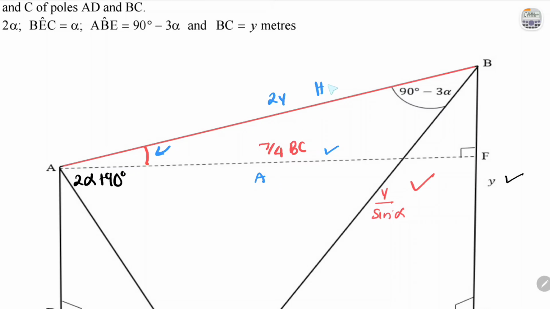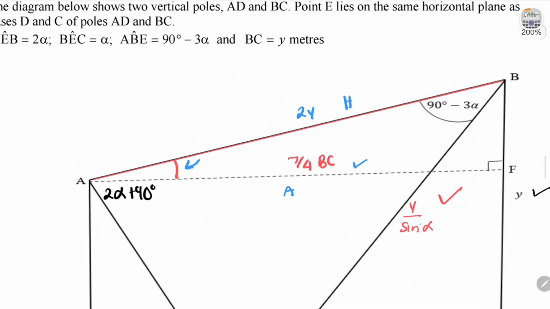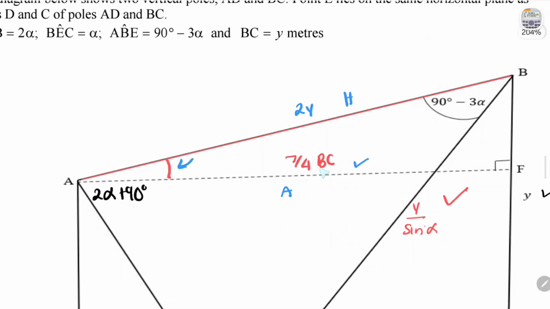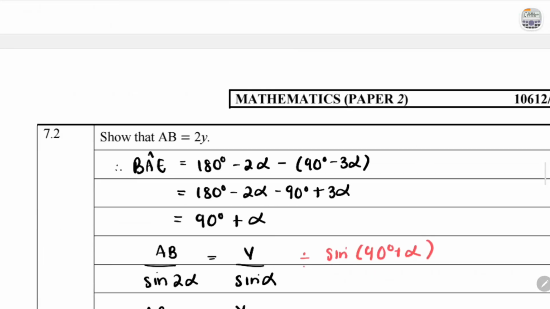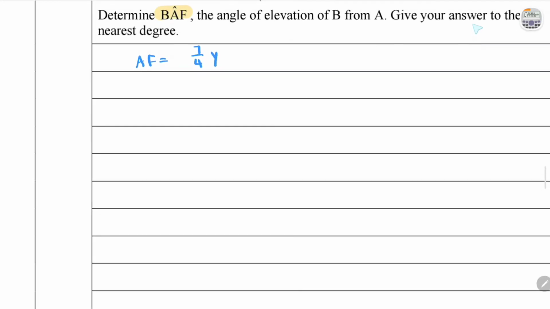So we'll be using adjacent and hypotenuse, meaning we're using cos. So let's say cos of this angle BAF is equal to, and we're saying the adjacent side, this, okay, 7 over 4y over 2y. And that's what we are going to work with. Okay, so cos of angle BAF equals 7 over 4y divided by 2y, which we already had.